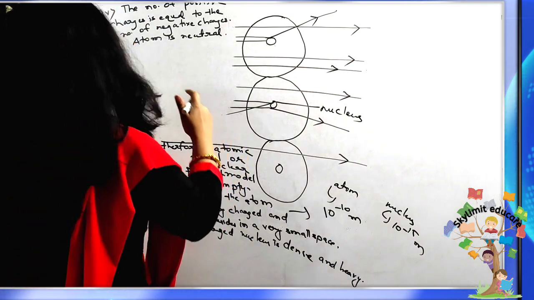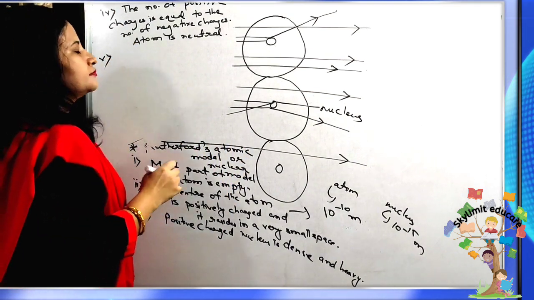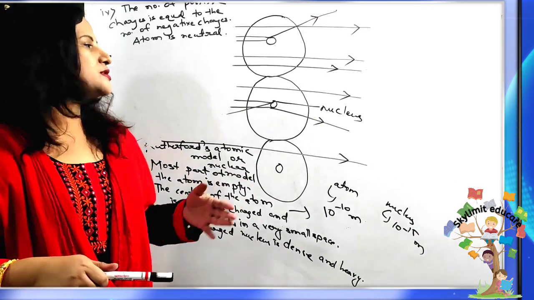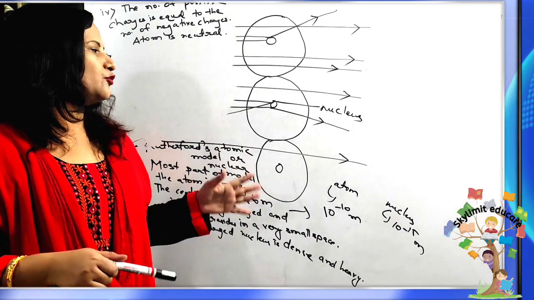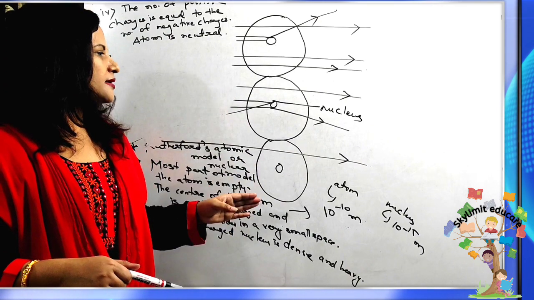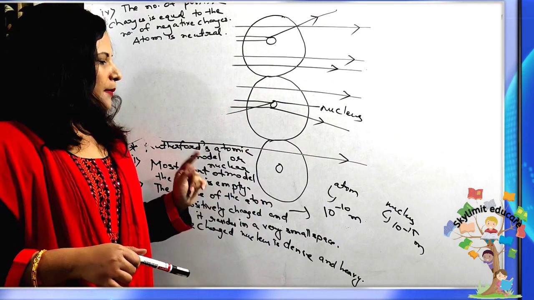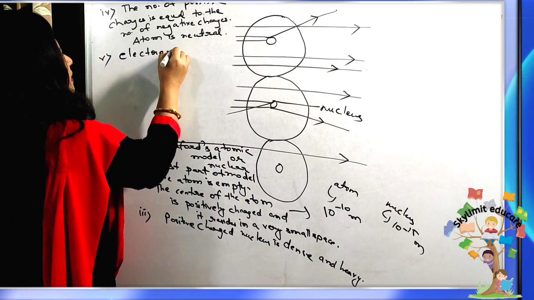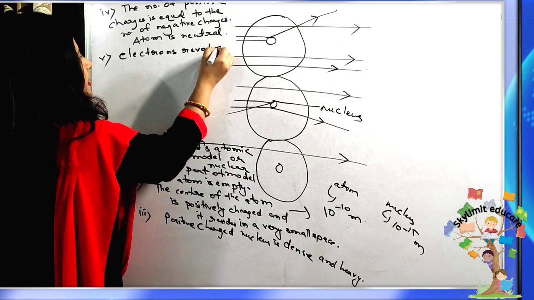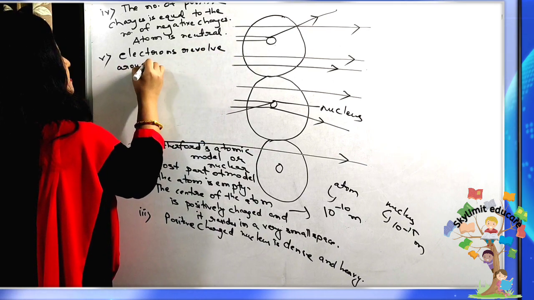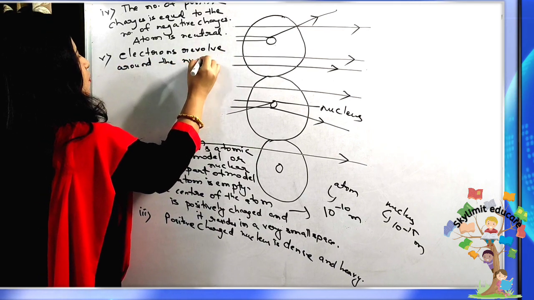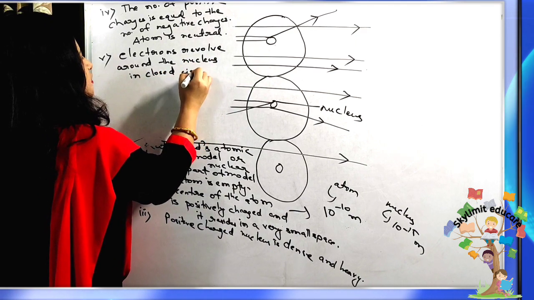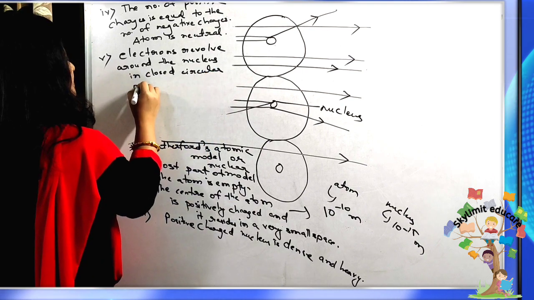And the fifth most important point, that was the greatest contribution we can say of Rutherford. So see, by this Geiger-Marsden experiment, he was able to find out so many things, yes or no? But he also said that these electrons revolve around the nucleus in closed circular orbits.